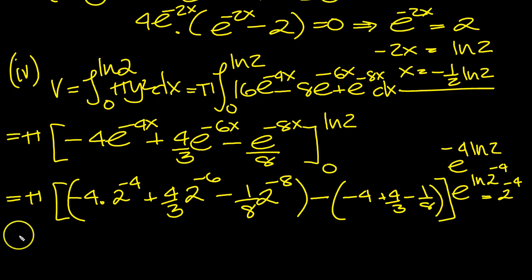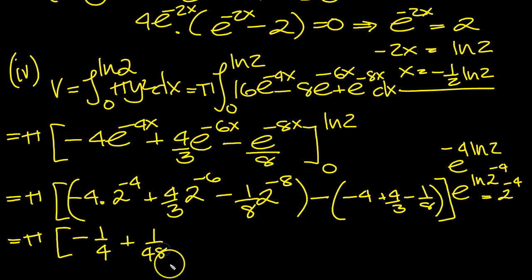Close bracket. Equals pi. Now what have we got? This is 1 over 16. 4 on top is minus 1/4. This is, the 2 of the 2's will cancel, won't they? So we'll get 2 to the 4, which is 4/16, 1 over 48 here.